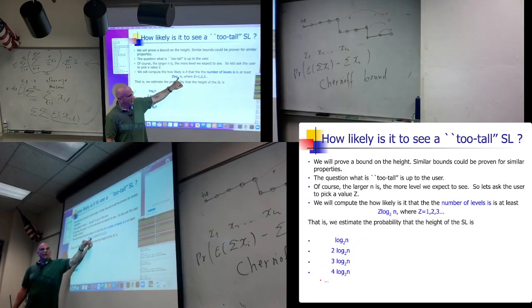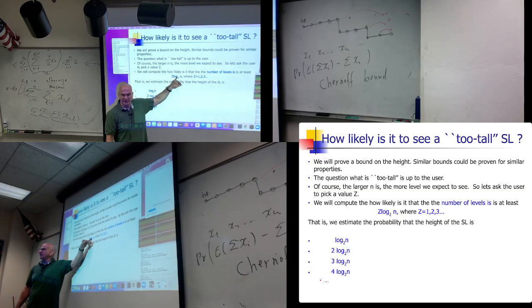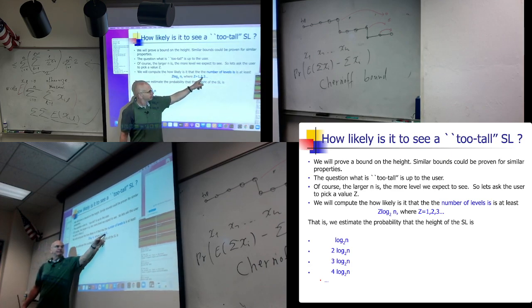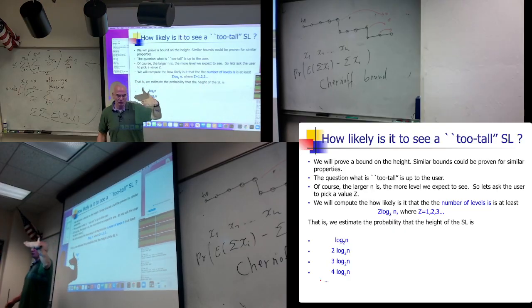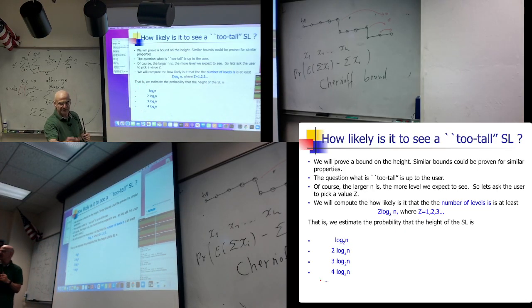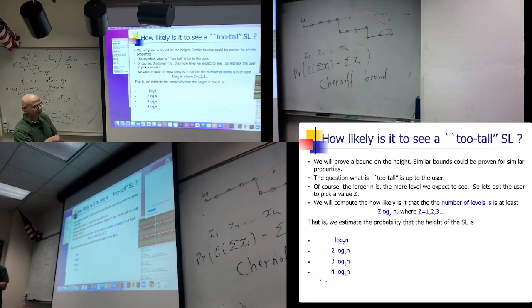Obviously, the larger n is, the more levels. Makes sense that we'll find more levels. But I cannot prove that you'll never see a skip list that has more than log n levels. But I can ask what the probability is that you'll see a skip list that has 2 times log n, or 3 times log n, or 4 times log n. So the unit that I'm counting is how many times log n you'll see in the skip list and what's the chance that it happens.